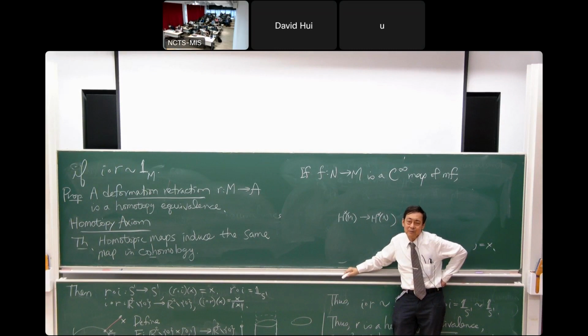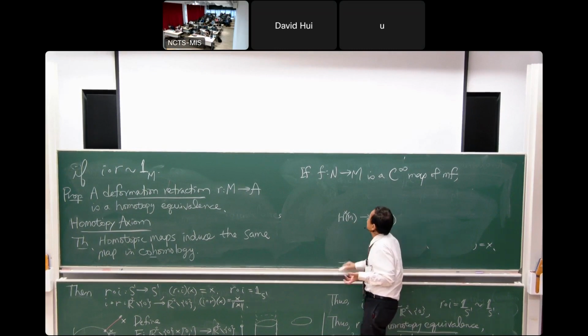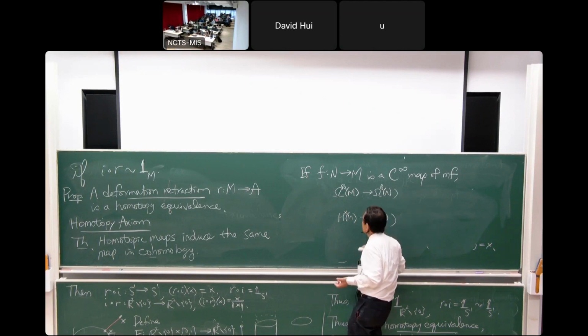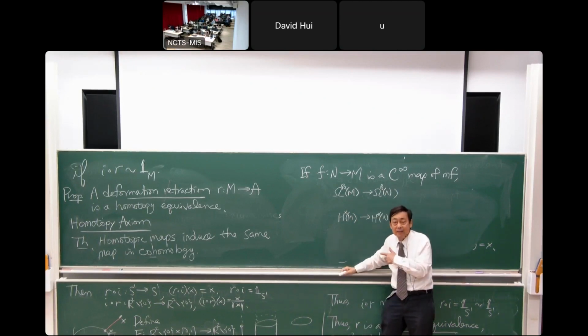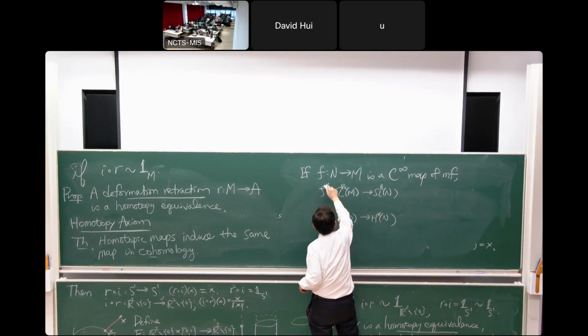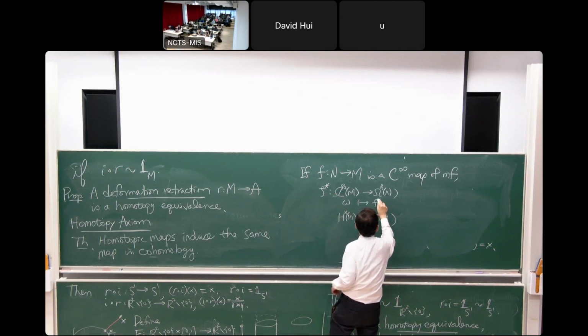From last week. A cohomology class is represented by a form, right? So let's say you have a form in M, how do you get a form in N? Yeah, you just pull it back.